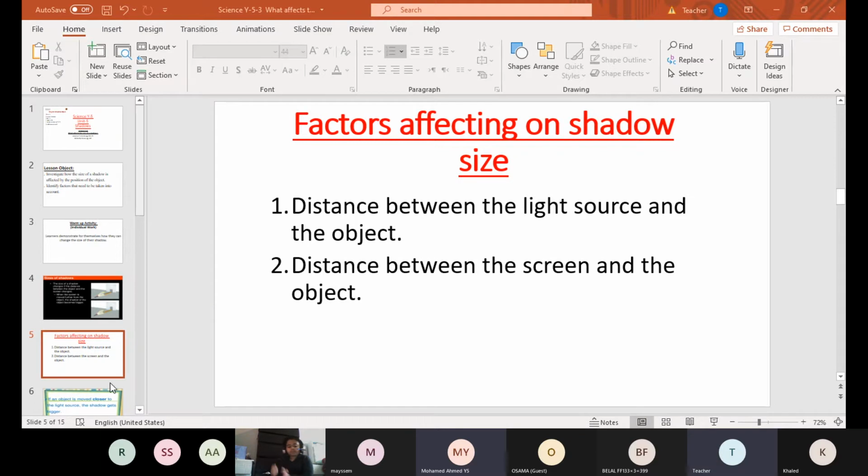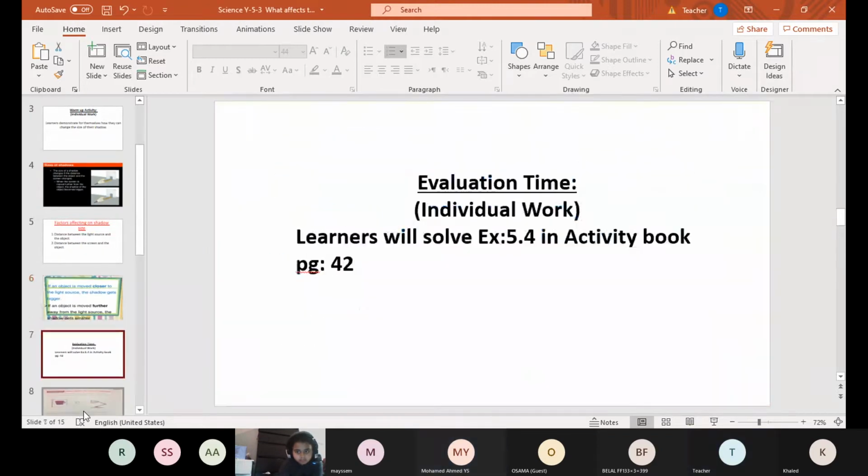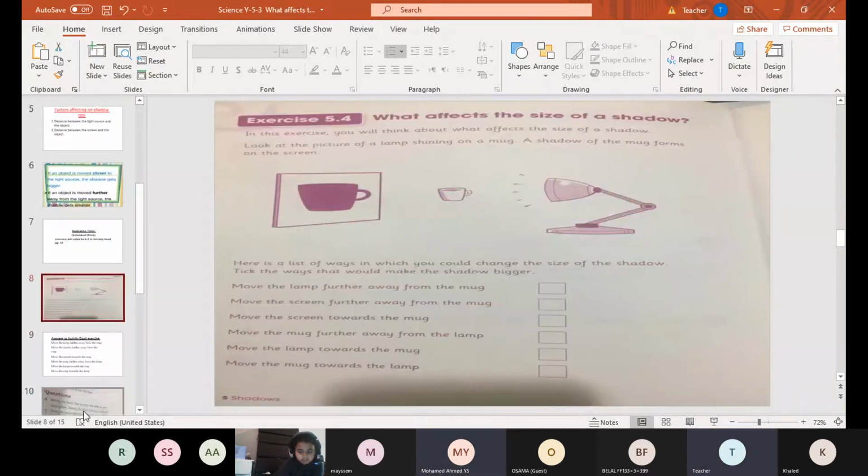Amir, have you opened your page number 42 in the activity book? Amir? Yes, miss. Open your activity book, page number 42. Okay. Here is the exercise.